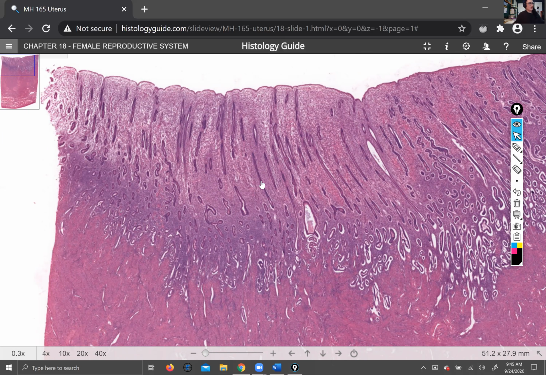So I am going to outline and also bracket the endometrium in this view. So I'm going to bracket it first. Actually, let's move a little bit to the side here. There we go.